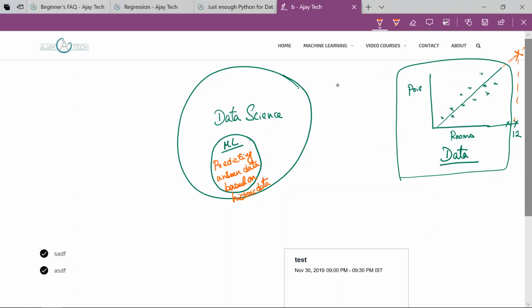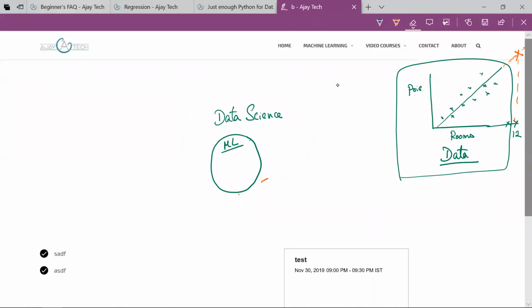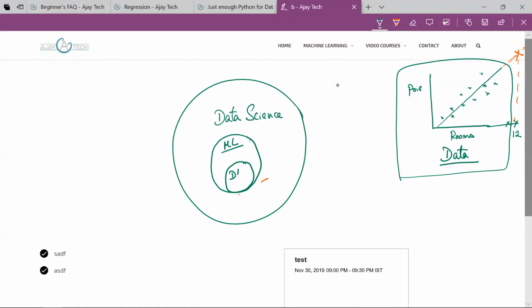Now there is something called deep learning. In fact, when you see a self-driving car like Tesla or image recognition using Google, it's called deep learning. Let me erase this. This is data science, right? This is ML, and then DL or deep learning is a sub part of ML.